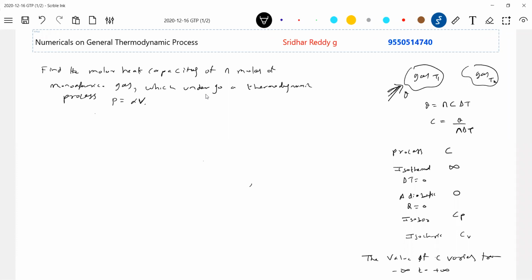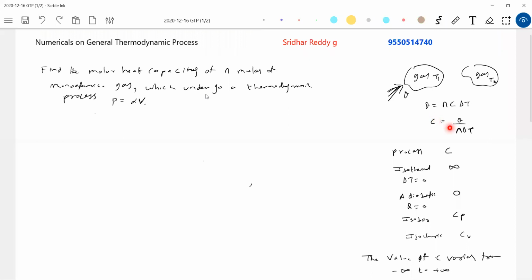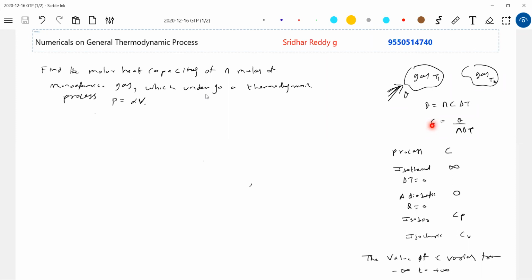What do you mean by negative? What do you mean by positive? Positive means if it absorbs heat, temperature will increase. C negative means if it absorbs heat, temperature decreases. The gas can behave like that also. Not possible in liquids or solids, but it can happen here.